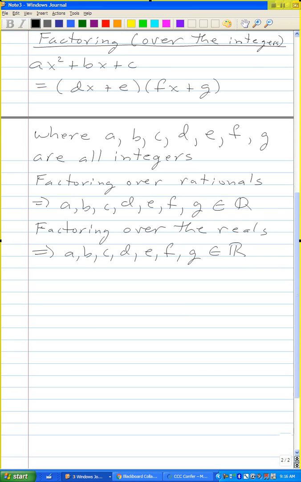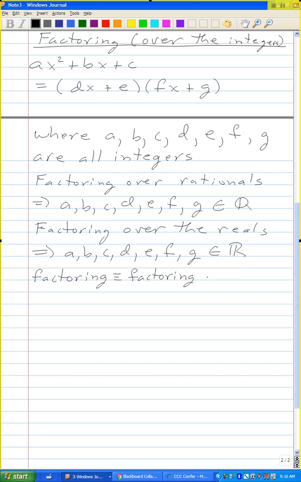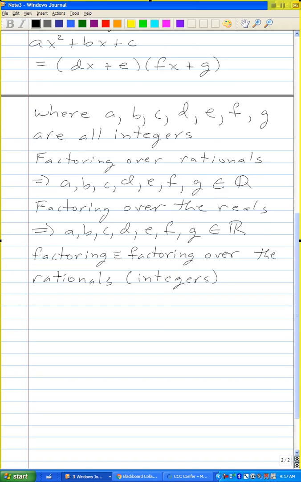In general, when I say I'm factoring, I mean I'm factoring over the rationals, which in this case is the same as factoring over the integers, because all the coefficients are integers, so it doesn't matter saying rational or integer.